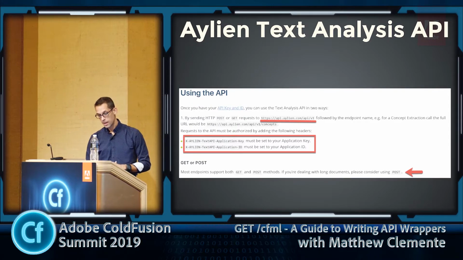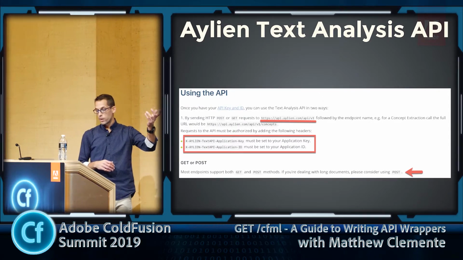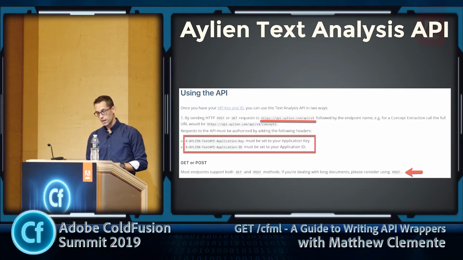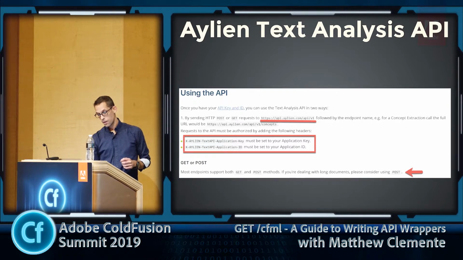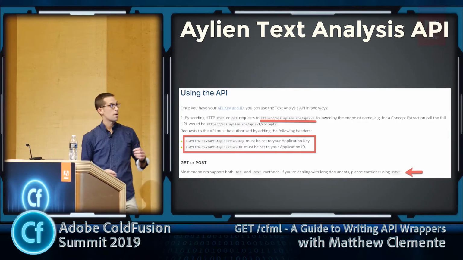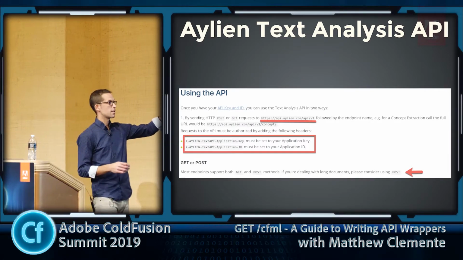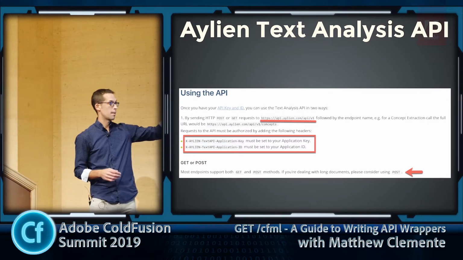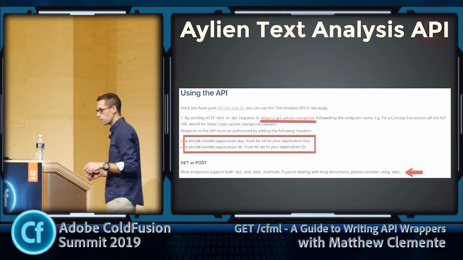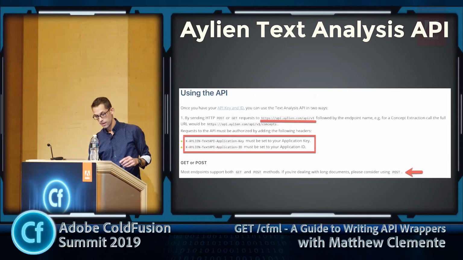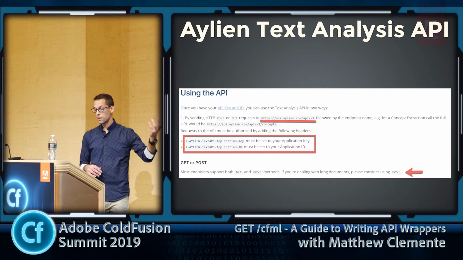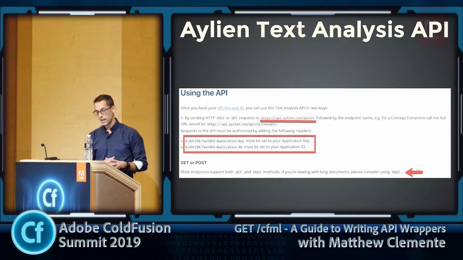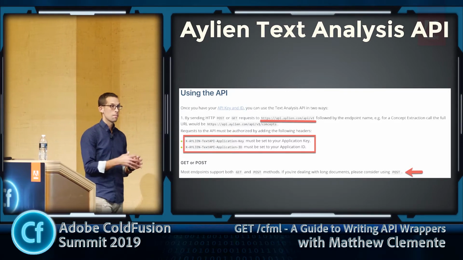Step one, we're going to read the docs. They give us their endpoint, api.aylien.com. They tell us that for authentication, they want two headers passed: the Aylien text API application key and application ID. And then a note down here says most endpoints in their API support GET and POST, but if you're dealing with long documents, please consider using POST.